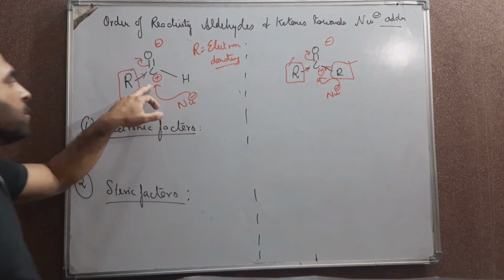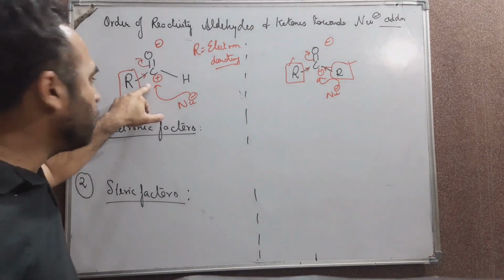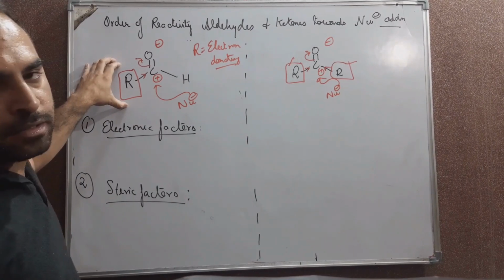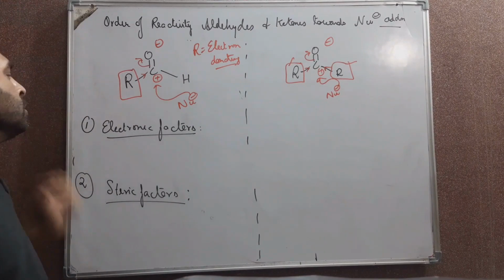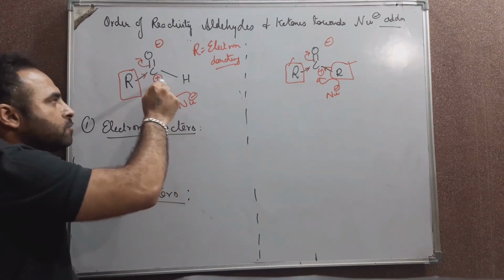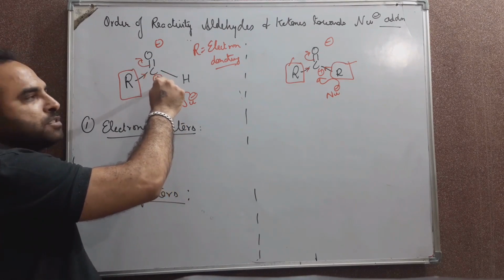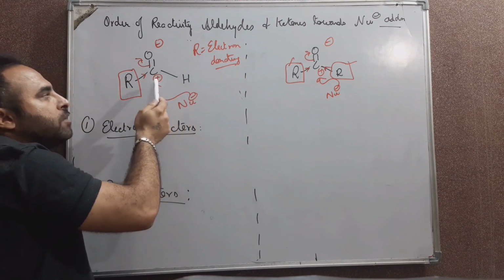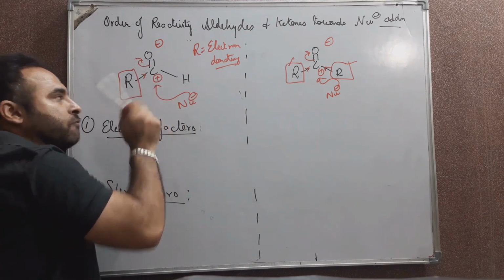But here the positive charge will be more because there is only one electron donating group present. So the reaction over here will be faster because there will be an increased positive charge here, and the nucleophile will be attracted here faster.